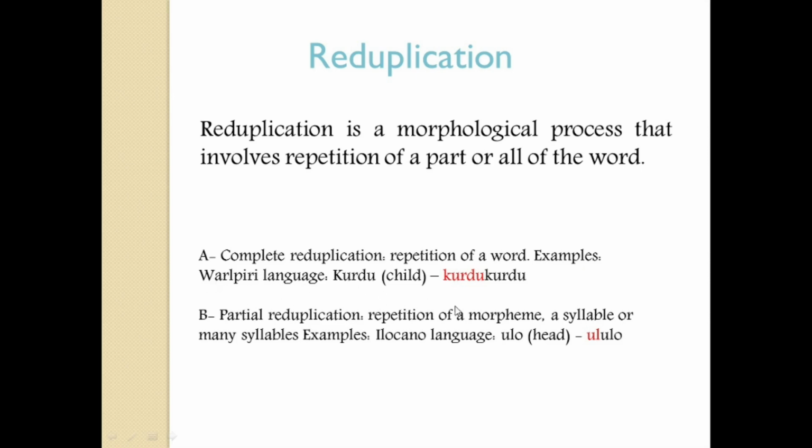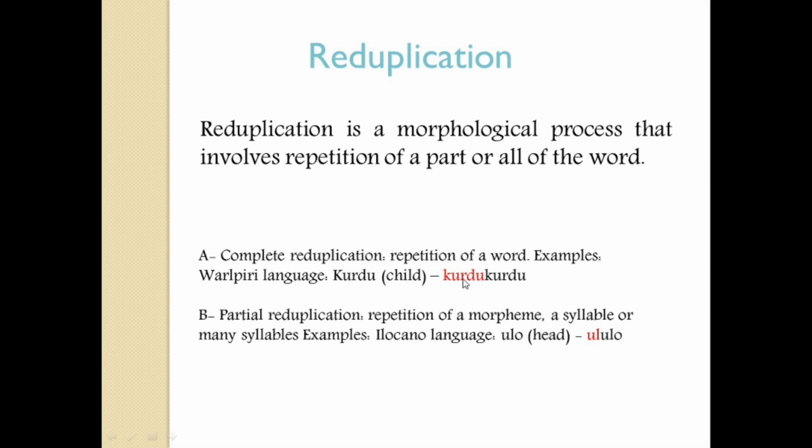Examples include the Warlpiri language, kurdu, child, kurdu-kurdu. Partial reduplication has repetition of a morpheme, a syllable or many syllables. Examples include the Ayokano language, ulu, head, ulu-ulu.